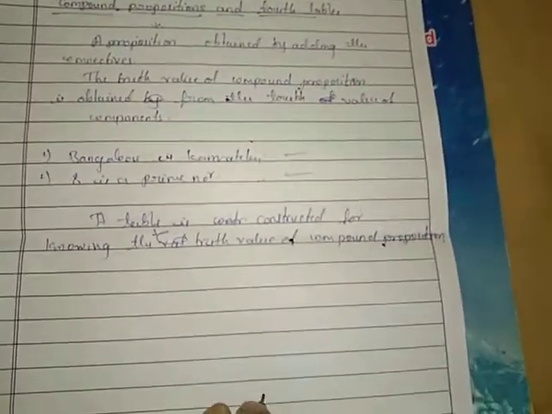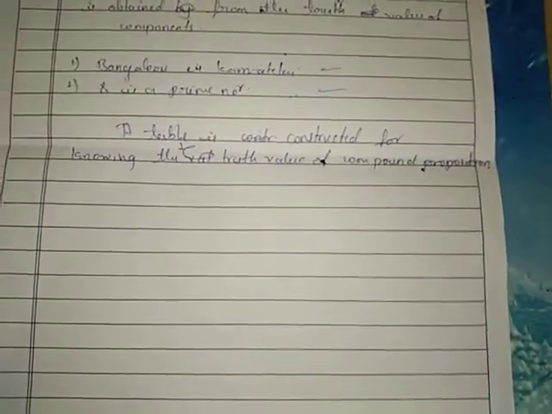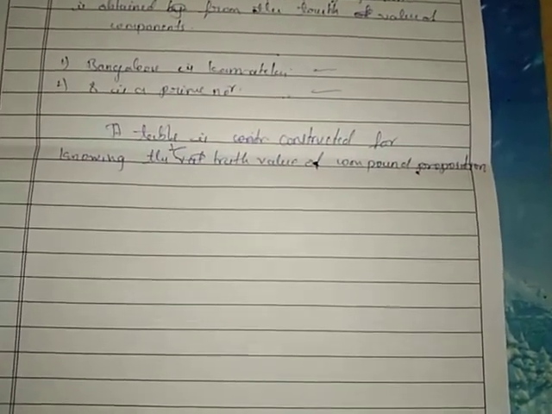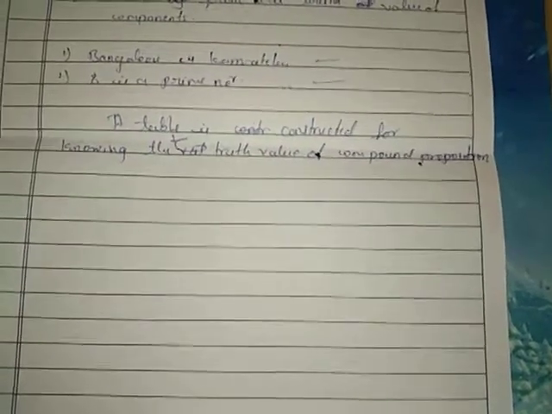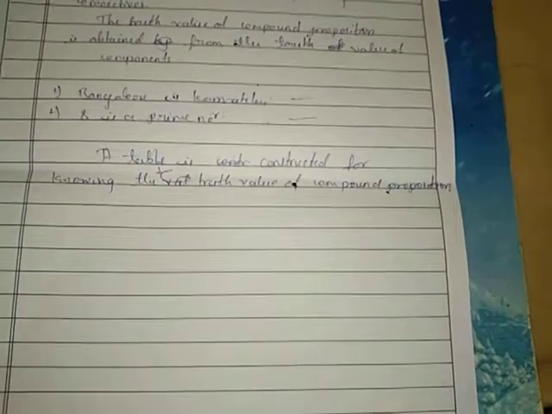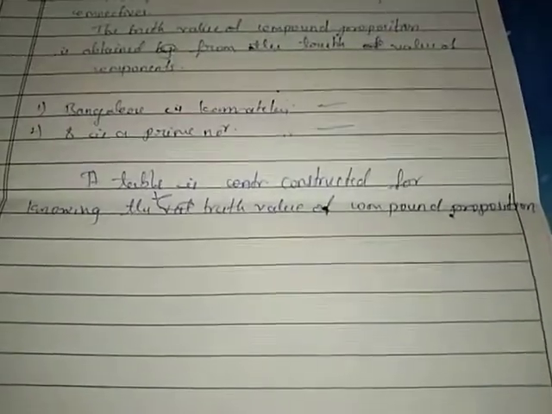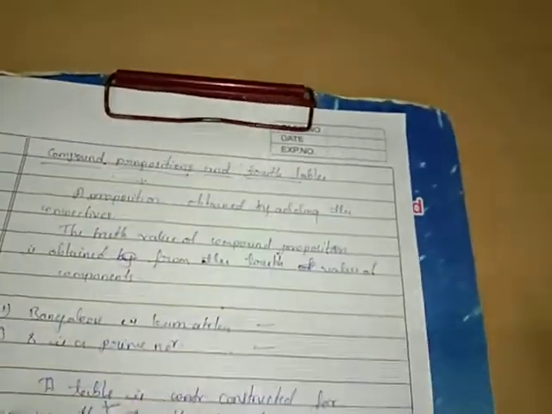Such a table is called a truth table. That table gives the truth value of the compound proposition in terms of its component parts, and it helps us find the truth value of compound propositions.